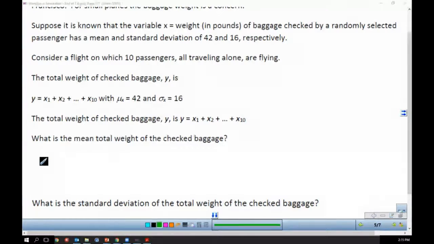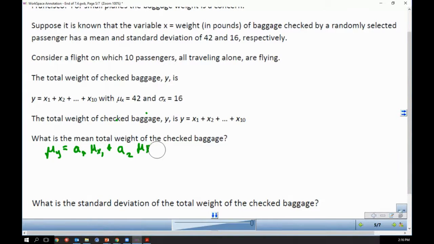We know that for the mean of y, if y is a linear combination, we would do a1 times mu of x1 plus a2 times mu of x2, all the way to, we have 10 pieces of luggage, a10 times mu of x10.